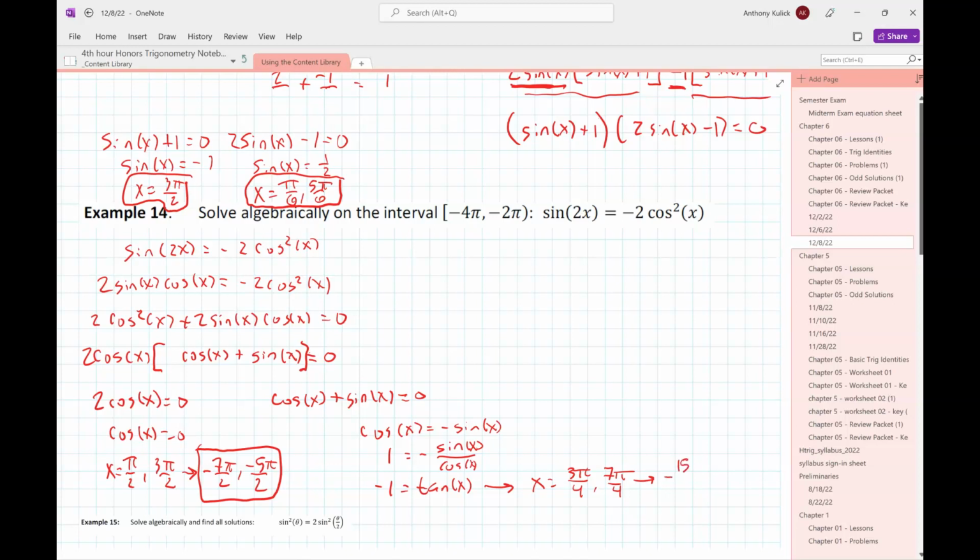That's like 15 pi over 4. And then same thing here. I subtract 2 pi once, I get -1/4. Subtract it again, I get -2.25. That is inside there. So that's going to be -9 pi over 4.